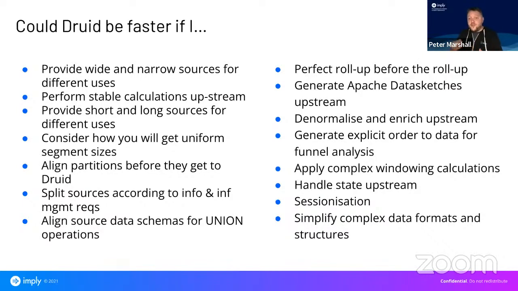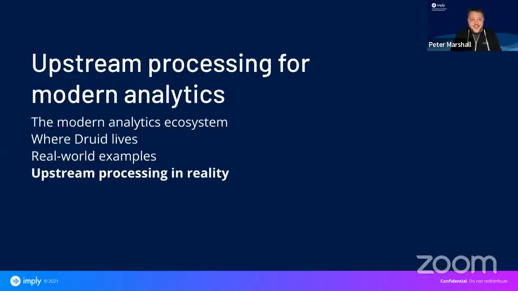Denormalize and enrich upstream, but as I mentioned, that will become less important when the new query engine gets put in. Definitely look at doing stuff that's very complicated around windowing upstream, and remember that Druid is not a state engine. And yes, I think that's me.